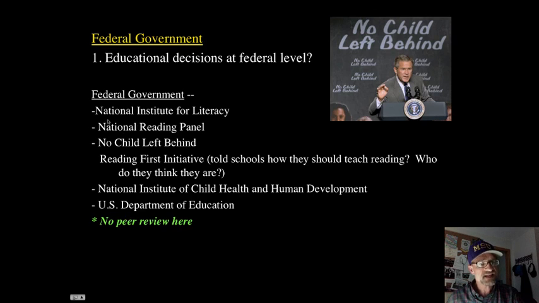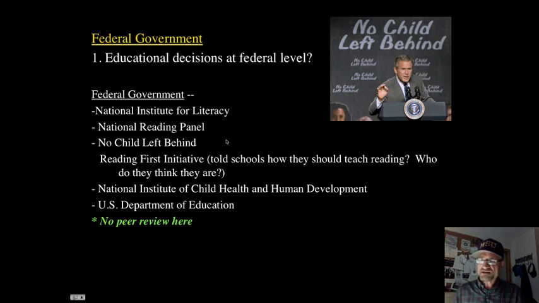The federal government has put together panels and groups, and they've made decisions. The most famous is the National Reading Panel, a panel of experts. Of course, they did not include any experts in reading research. How is that? They used people from the National Institute of Health and Human Development.